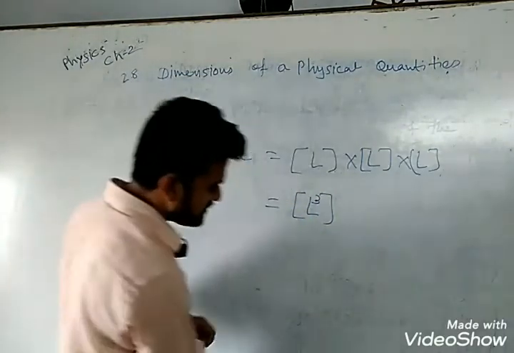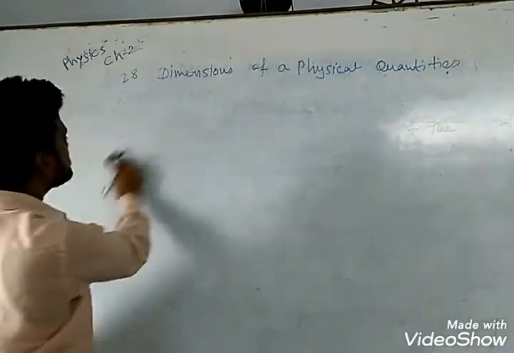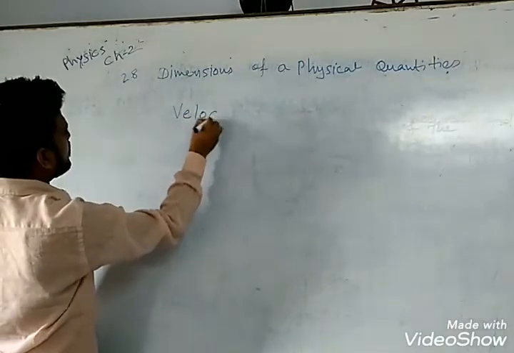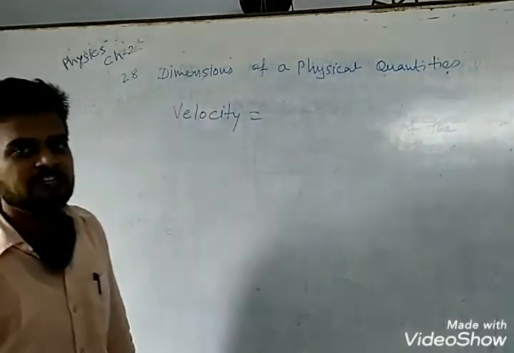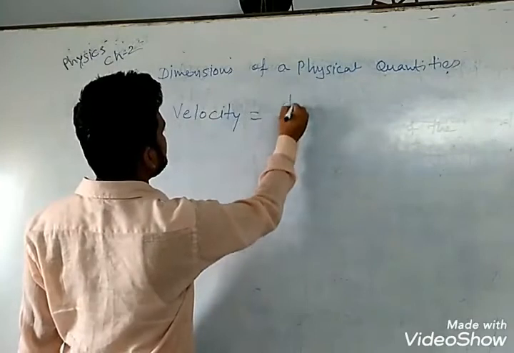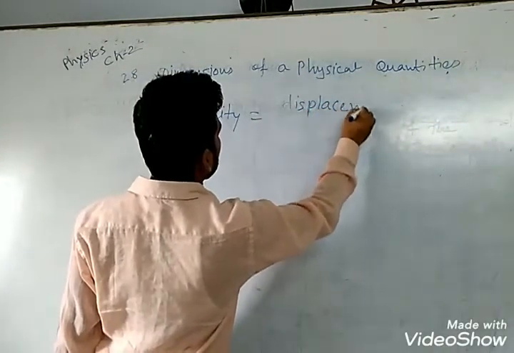Now next, second example is velocity. Velocity is equal to displacement upon time.